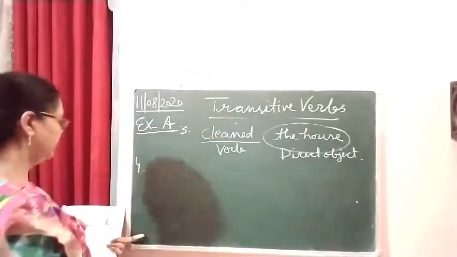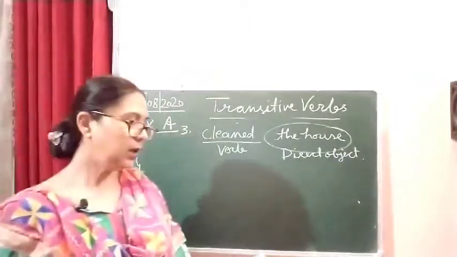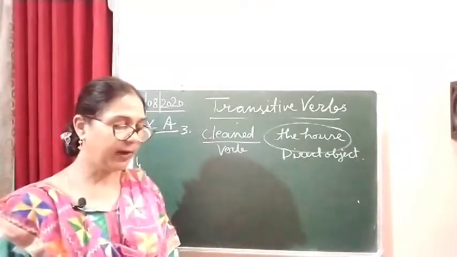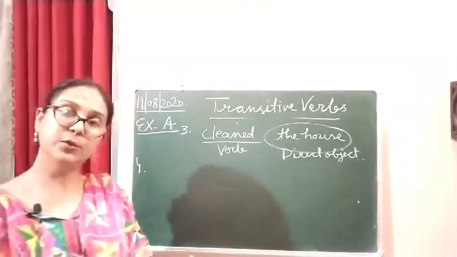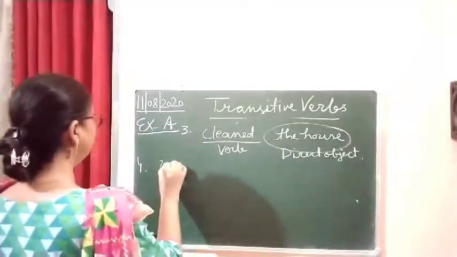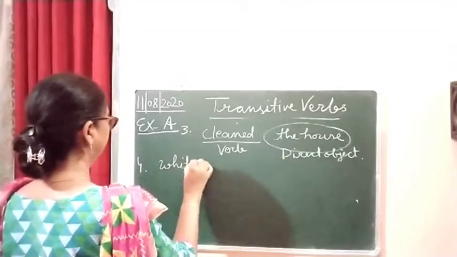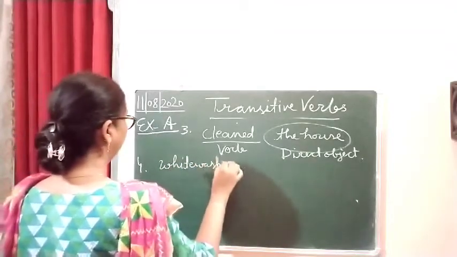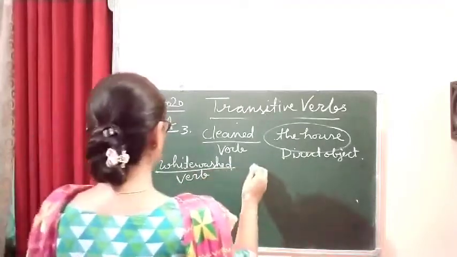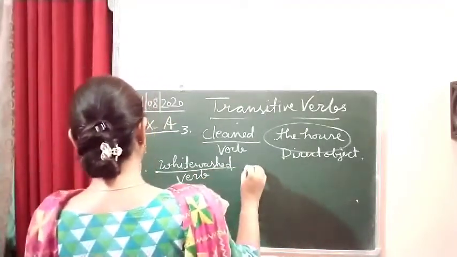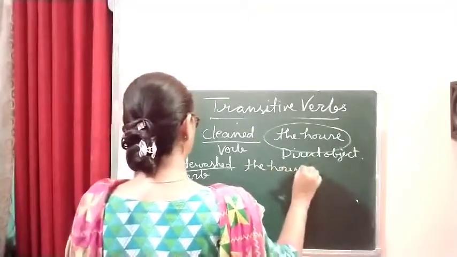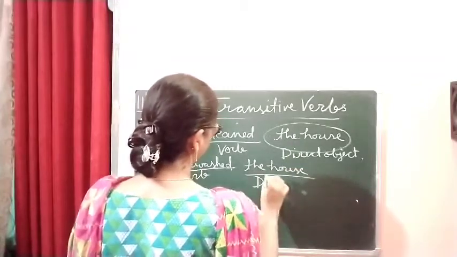In number 4, he whitewashed the house today. Here, whitewashed is the verb, and the house is the direct object.